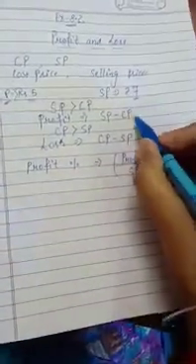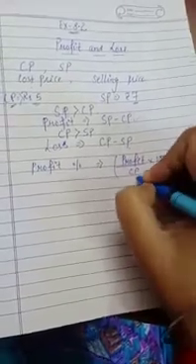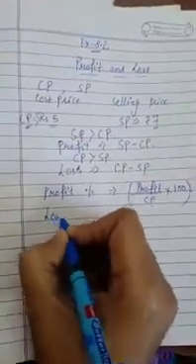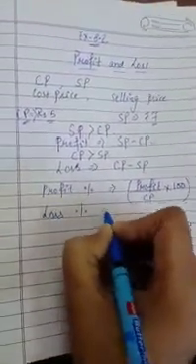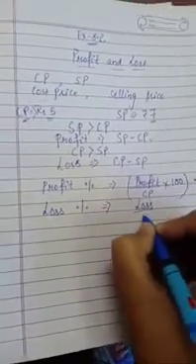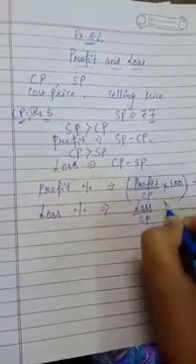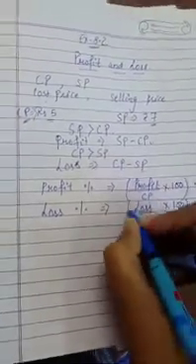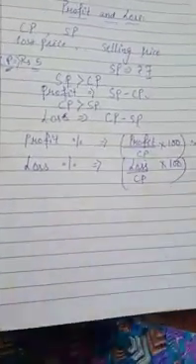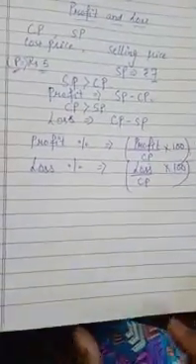Firstly, you have to calculate the profit, divide it by the CP of an item, multiply by 100. Next, the loss percentage: same, loss divided by CP, multiplied by 100. So this is a way to calculate the profit percentage and loss percentage.